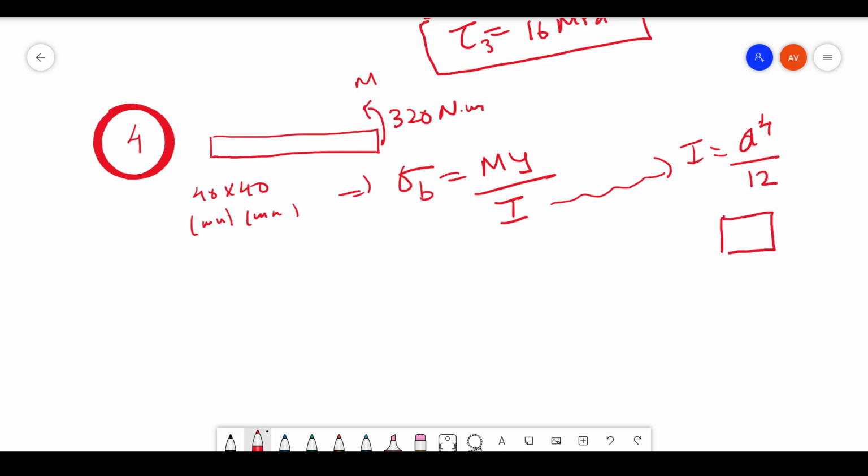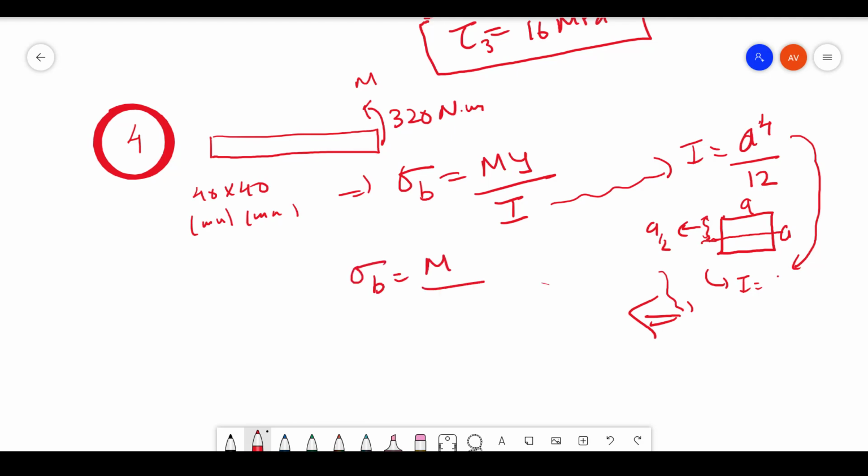If you have a square cross section, its I is given by a raised to 4 by 12. Now your y is a by 2, the distance of maximum stress from the neutral layer. So what you actually get is sigma equals M by (a raised to 4 by 12 times a by 2), which is equal to M by a cube by 6.